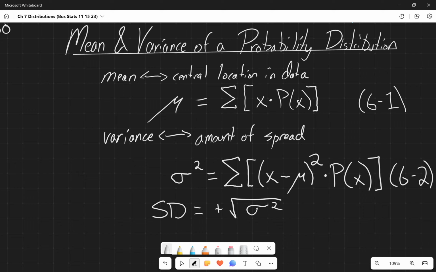So the mean of a probability distribution is the long-run average of a random variable.